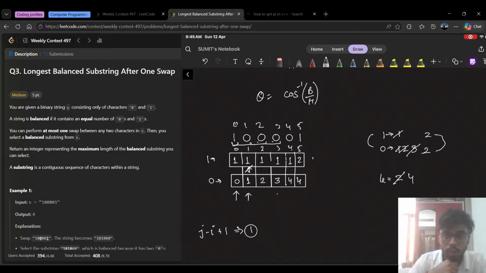Okay. So frequency array. I will be having only two choices, either it will be 1 or it will be 0. So if s of i equals to 1, then I will do ones of i plus plus, else zeros of i.